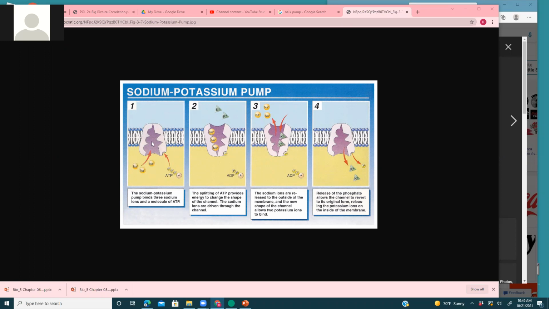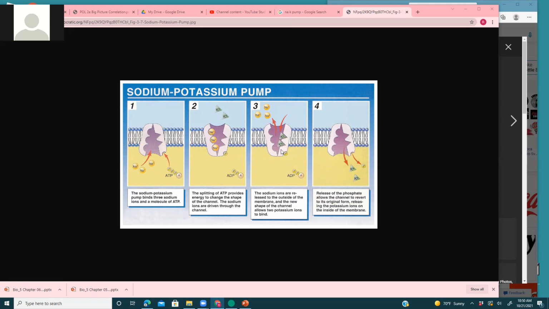We have the sodium going in, ATP energy being used by breaking, causing the protein to flip inside out. Sodium gets ejected, it's crowded, there's tons of sodium out there anyway. Potassium comes back, occupies the space, and sets the pump back to its original point.